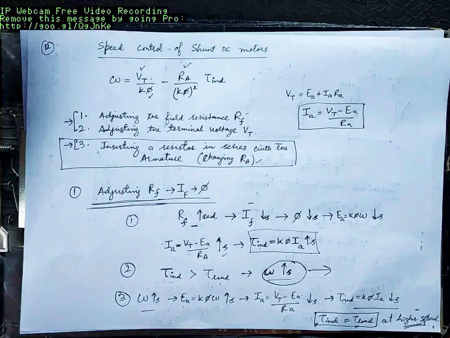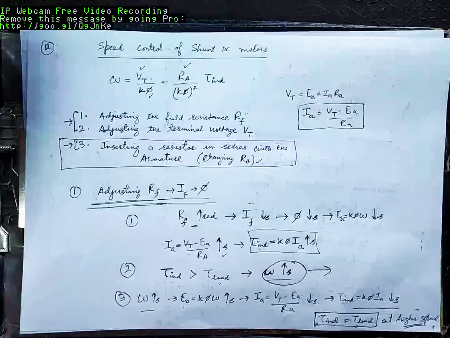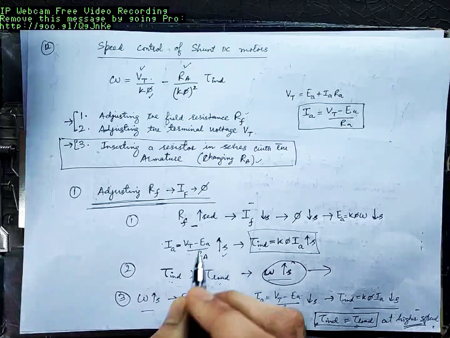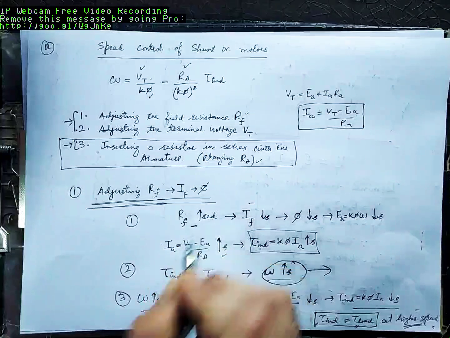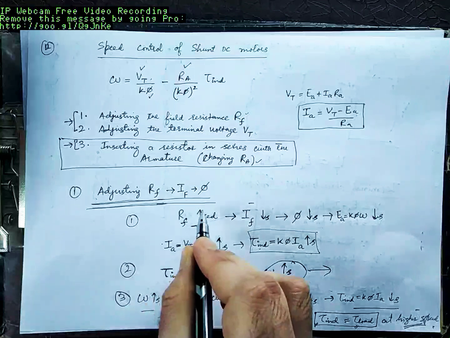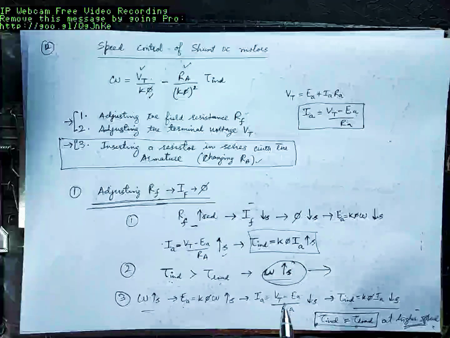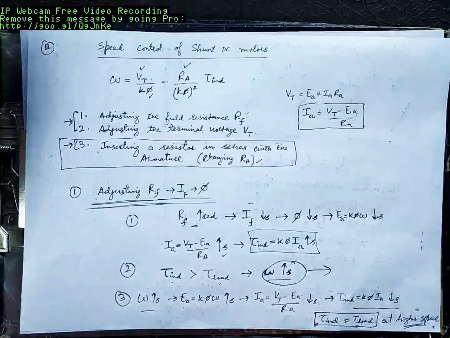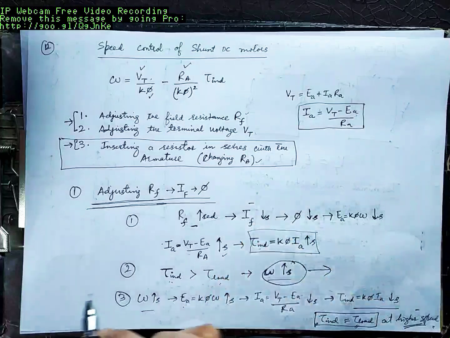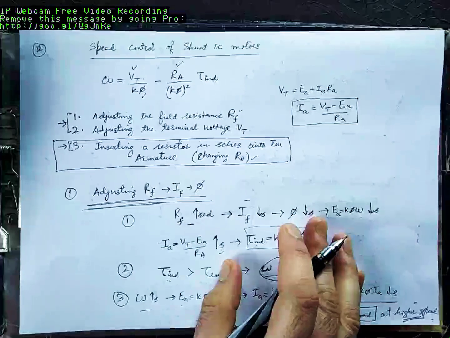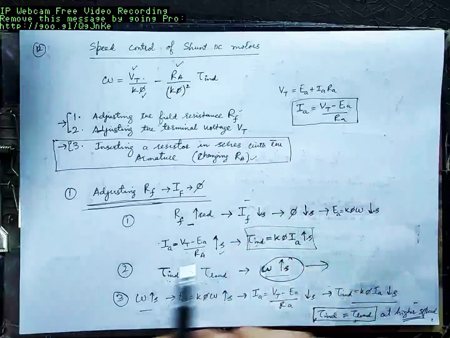But if I want to reduce the speed using the field resistance method, I will have to decrease the resistance. When I decrease the resistance, current has to be increased to produce more flux. In order to decrease the speed, I have to increase the field current. But how long can I increase this field current?